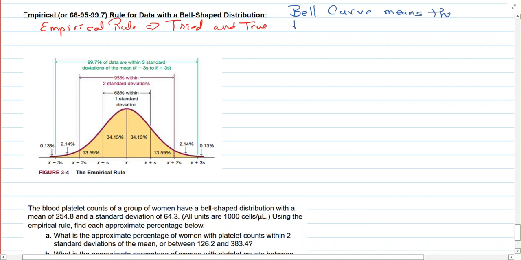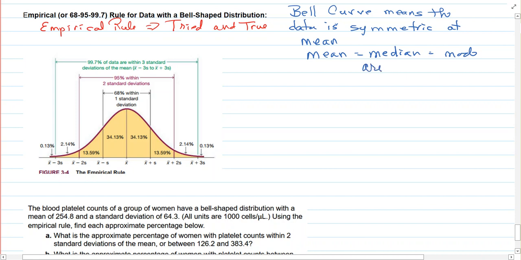a bell curve means the data is symmetric at the mean. Also, it means the mean and the median and the mode are very close.